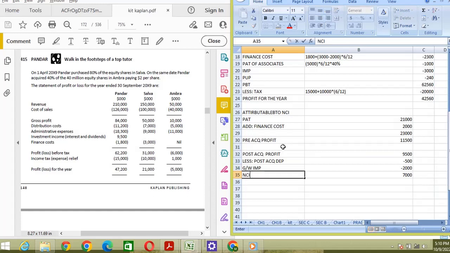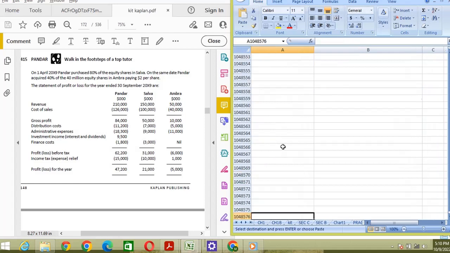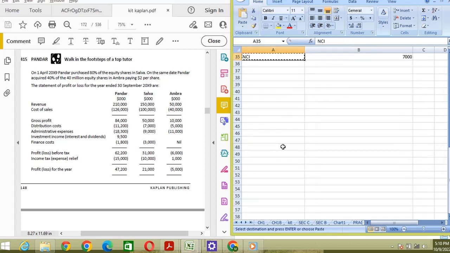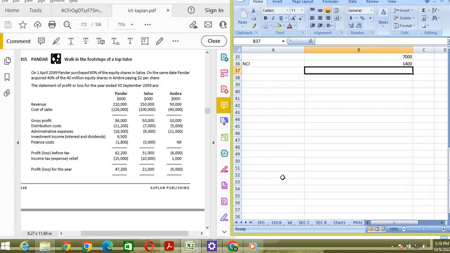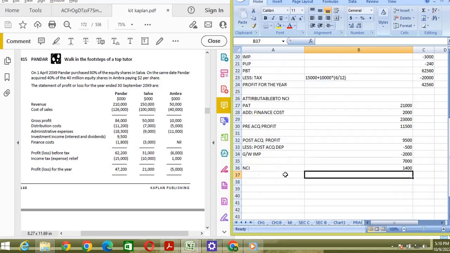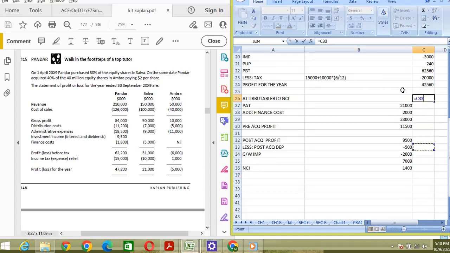So NCI equals 7,000 into 20%. So 1,400 is for the NCI. So here we will write down 1,400 is for NCI.